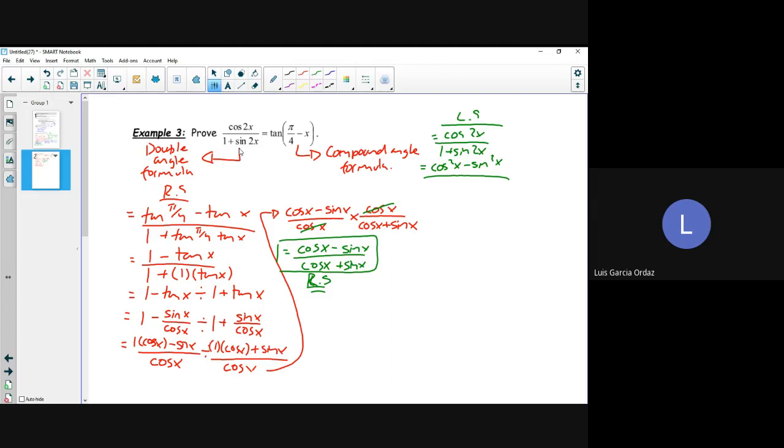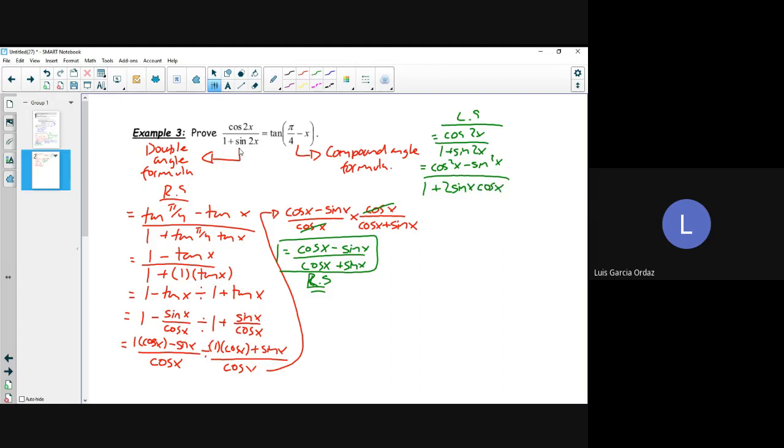So what is the double angle formula for sine of 2x? So we got 1 plus 2 sine x cos x. Thank you, Jose.